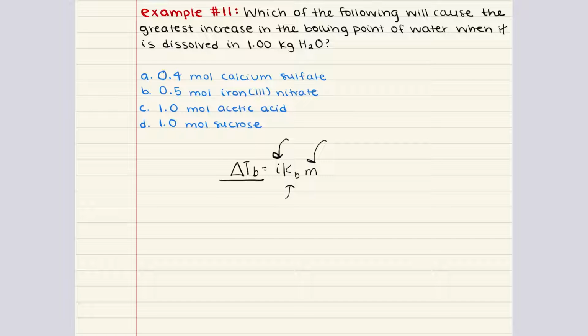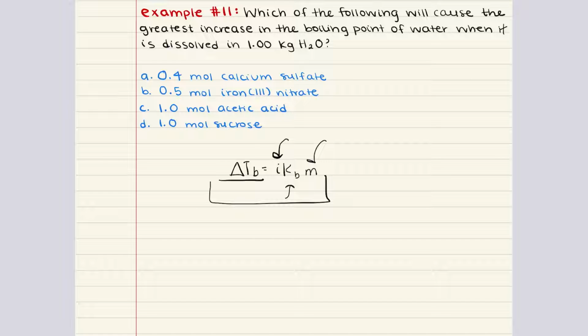Now, to begin solving this problem, let's go ahead and look at each of our answer choices and first determine the van 't Hoff factor and then calculate the molality for each. Then we're going to set up this expression for each of these answer choices and figure out our correct answer from that. Now, looking at our first answer choice, A, 0.4 moles of calcium sulfate. Calcium sulfate, the i value is going to be 2.